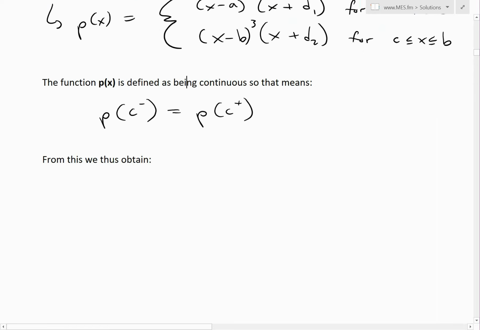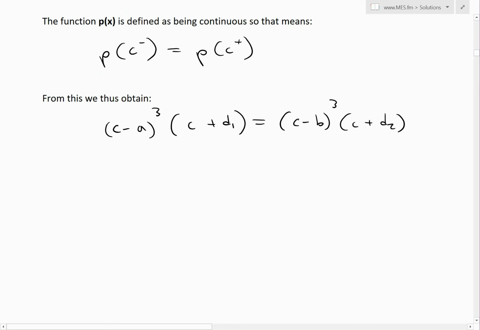So plugging in c, we have c minus a cubed, times c plus d1, equals c minus b cubed, times c plus d2.